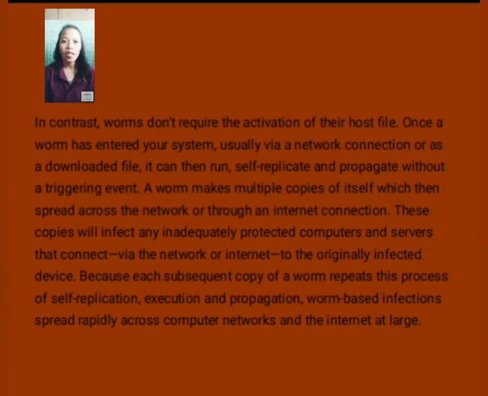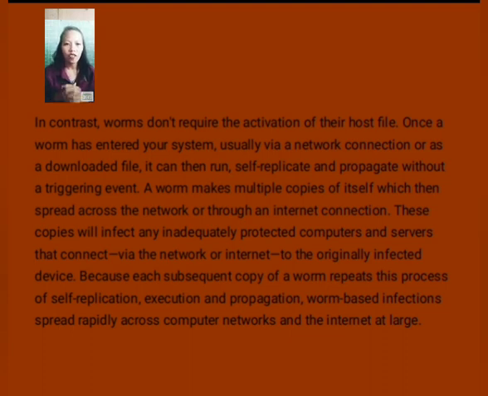Once a worm has entered your system, usually via network connections or as a downloaded file, it can then run, self-replicate, and propagate without a triggering event. A worm makes multiple copies of itself, which then spread across the network or through internet connections.